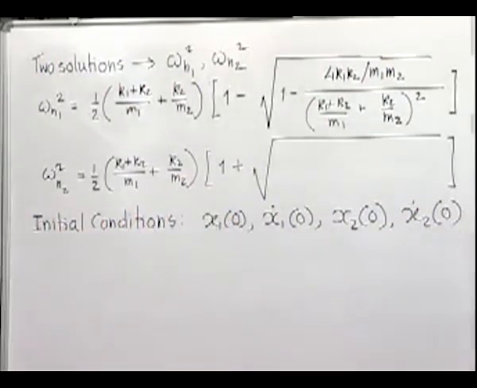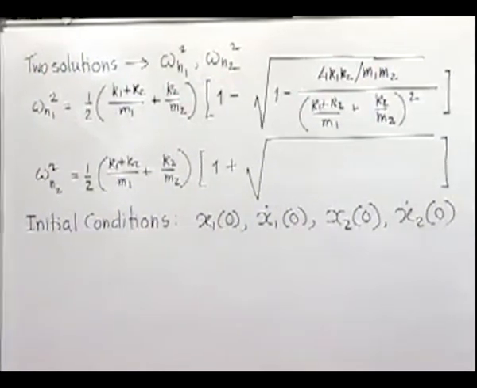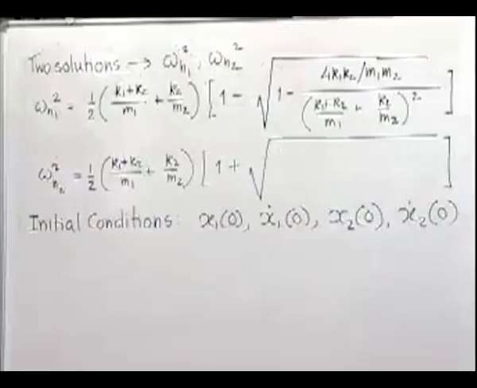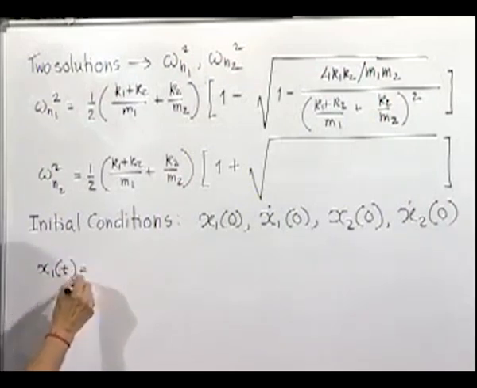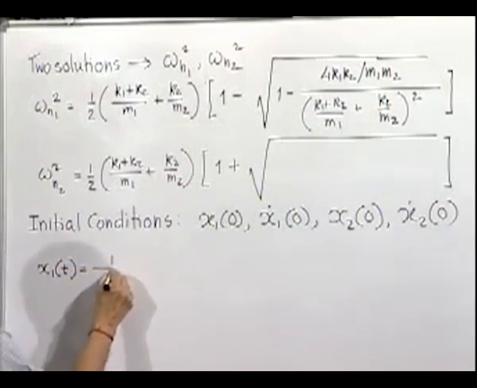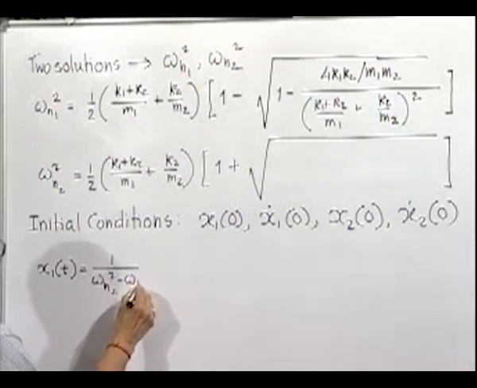That means at t equal to 0, x1 is equal to x1(0), x1 dot or the velocity is x1 dot(0), x2 is x2(0), and the velocity x2 dot is x2 dot(0). These are the 4 initial conditions. Then the complete solution can be written.